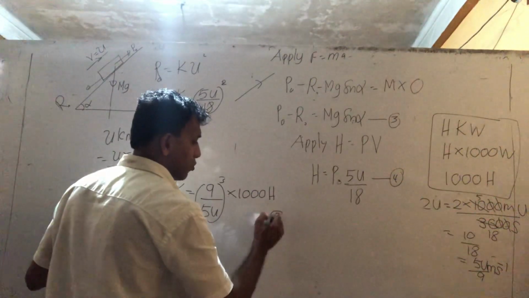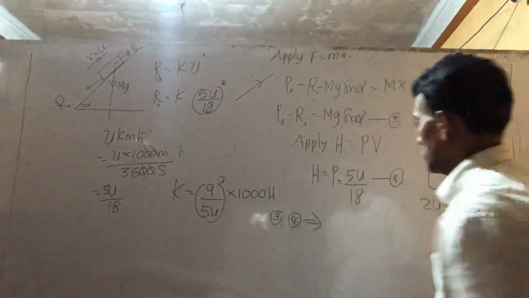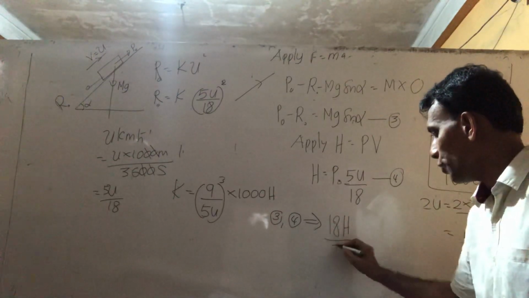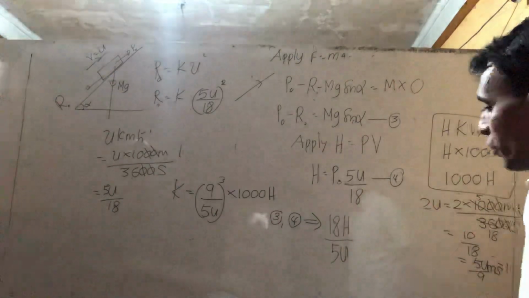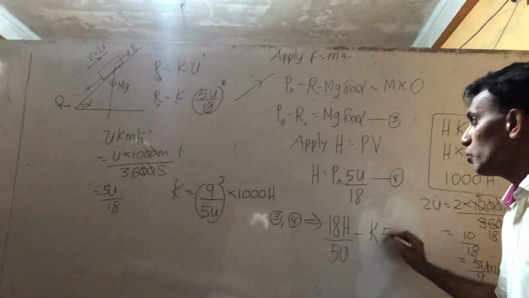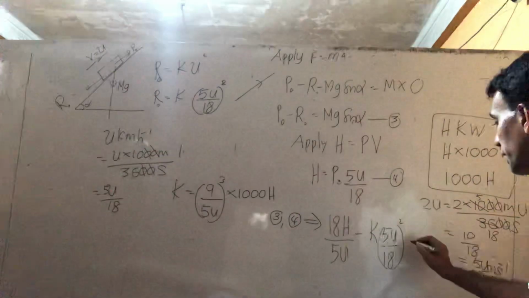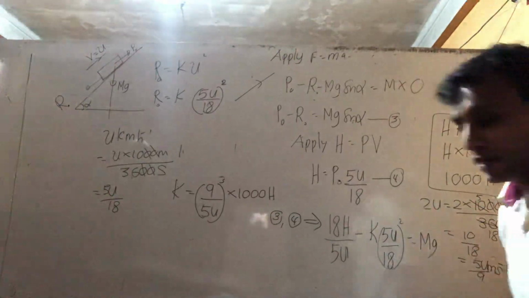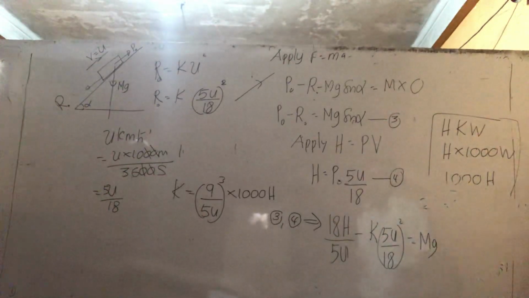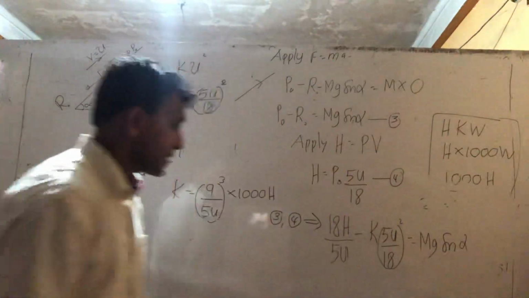So connect 3, 4. Here, what is P naught? 18H over 5u, minus R naught, that is K into 5u over 18, all squared, equals capital Mg sin alpha. Now we apply this K value once again.